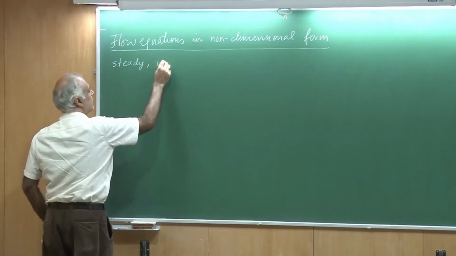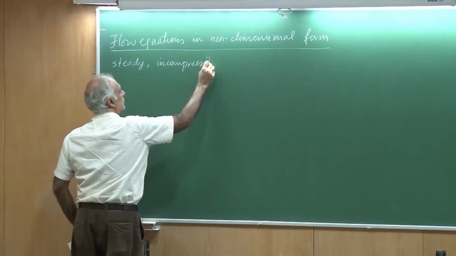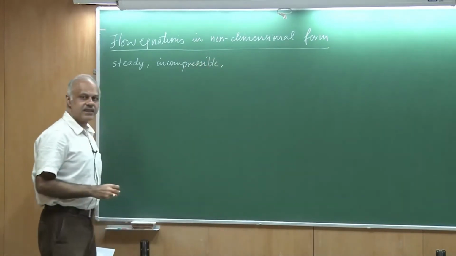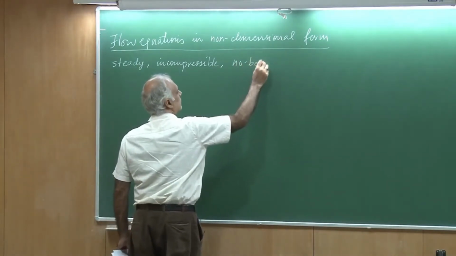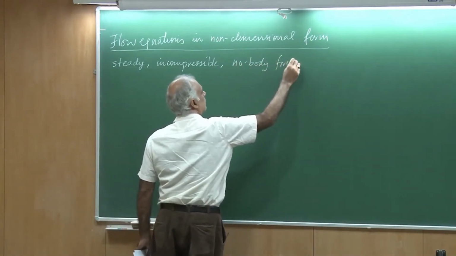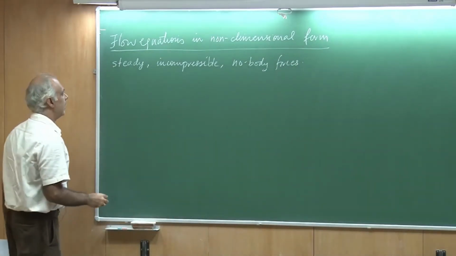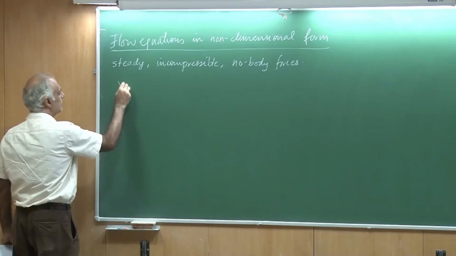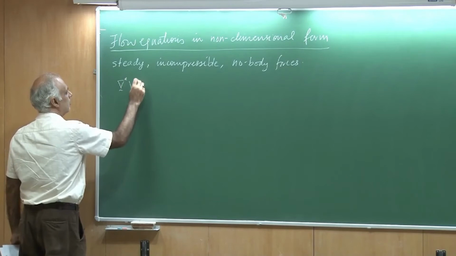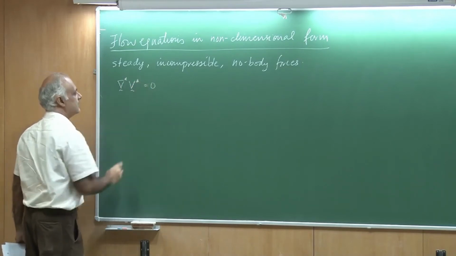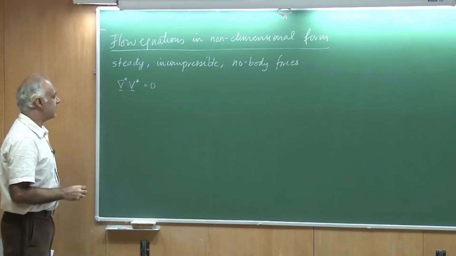Of course, it was incompressible. And we said that we will not worry about body forces. And then what we were able to show is that the non-dimensional equation would look something like this. Divergence of V star is 0, where the starred variables refer to the dimensionless variable.